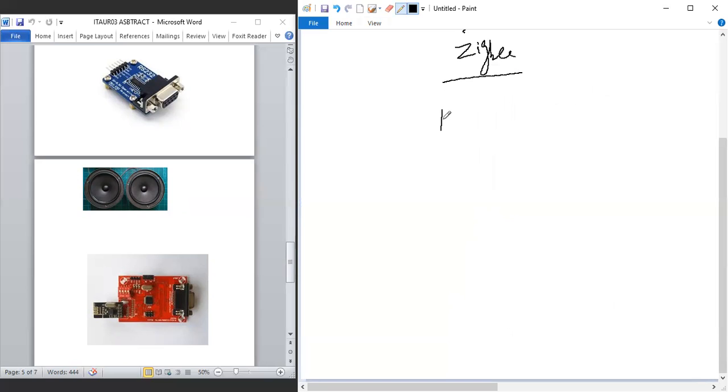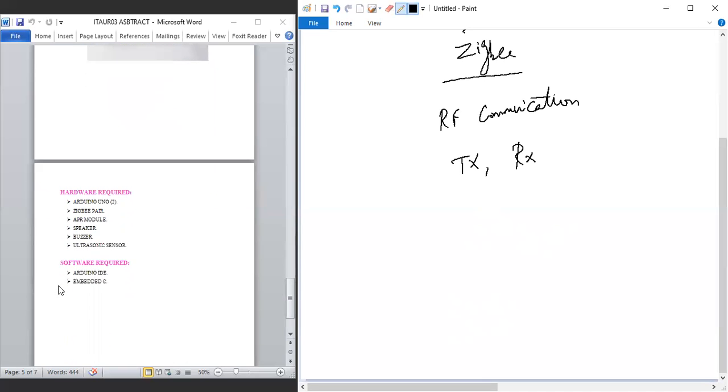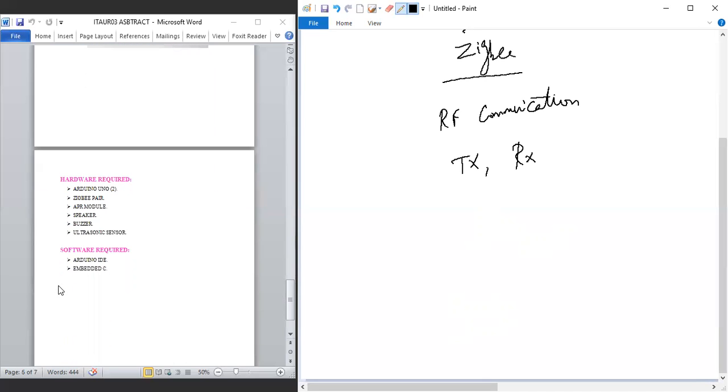It is an RF communication module, and it acts as either a transmitter or a receiver. These are the components required for our project, and now the real-time examples where we can use it.